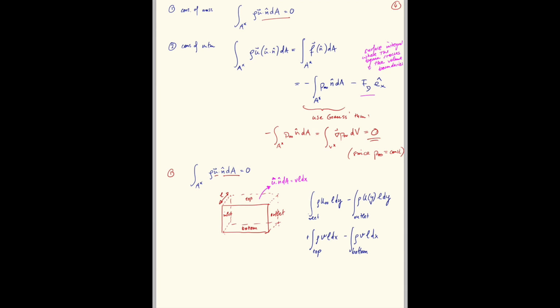Now the v components have opposite signs as well, this component and that. So these two, even though the surface areas are the same, do not cancel, and that's important. So we have a net flux out of the bottom and top.